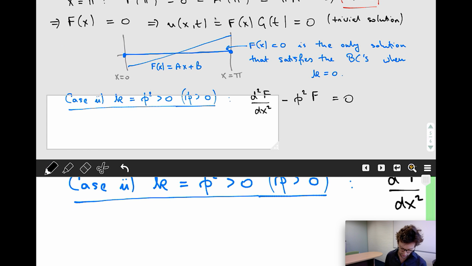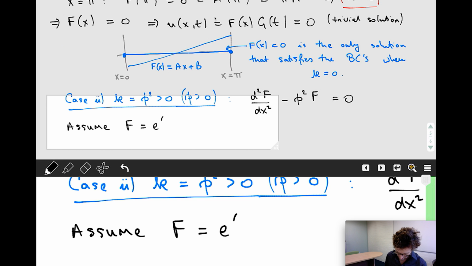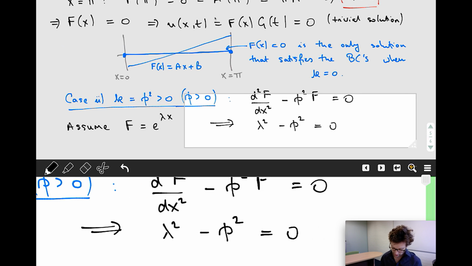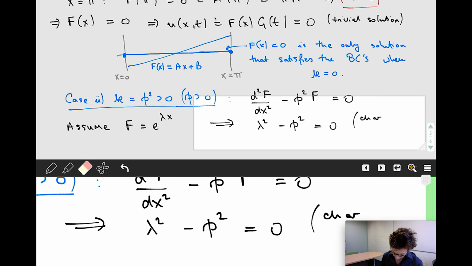So we're going to assume a solution of the form f is equal to e to the lambda x. So every derivative of f becomes a power of lambda. So my characteristic equation is that. It's my characteristic equation, and it has the solutions lambda is equal to plus or minus p.